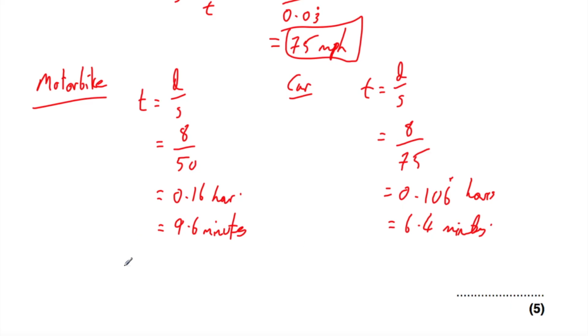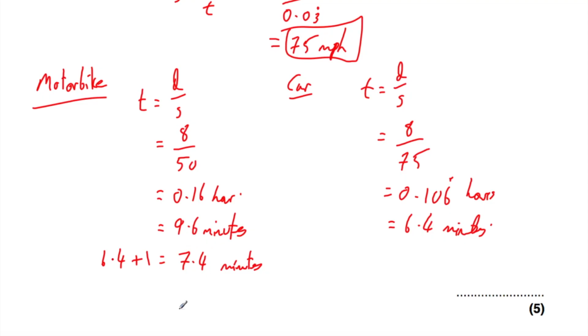So if we take the 6.4 minutes and add 1 to it, that's how long after saying go the car would take. That'll be 7.4 minutes, because it had to wait a minute and then it took 6.4 minutes to complete the race. Whereas the motorbike, going from the beginning at a slower speed, took 9.6 minutes.